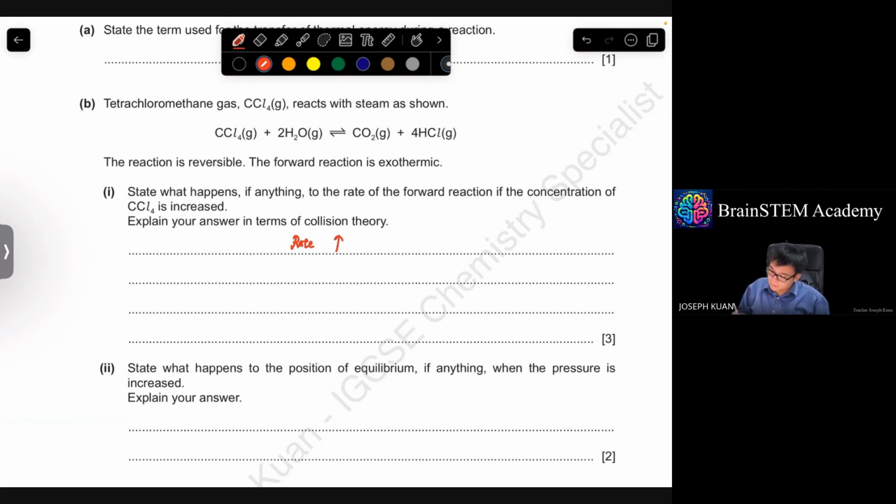Because when you increase concentration, more particles per unit volume, which means that the frequency of collision increases. Frequency of collision between CCl4 and H2O increases. Okay, which leads to frequency of successful collision increases.